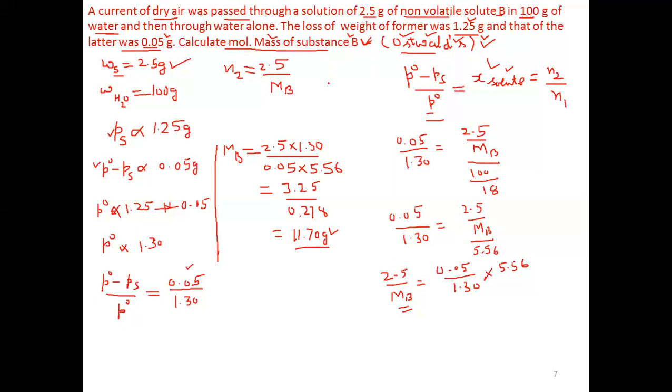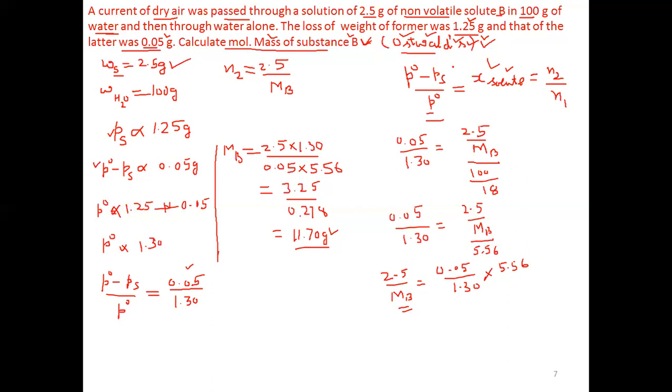So let me quickly rewind it for you. This numerical was based on Ostwald's method to determine the relative lowering of vapor pressure. This method we have already discussed in our previous lectures on relative lowering of vapor pressure, and I have kept the link of that lecture in the description of this video for your reference.